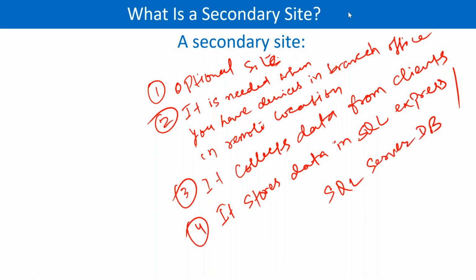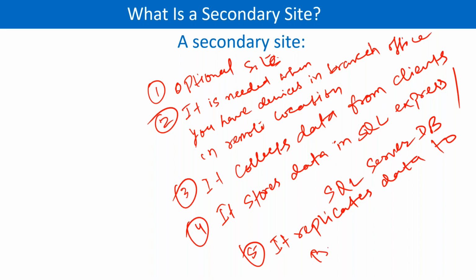Mostly we go with SQL Express because that is free. It can use both. And primary and central can only use SQL Server database. It replicates data. What it will do is finally replicate data to the primary site database.